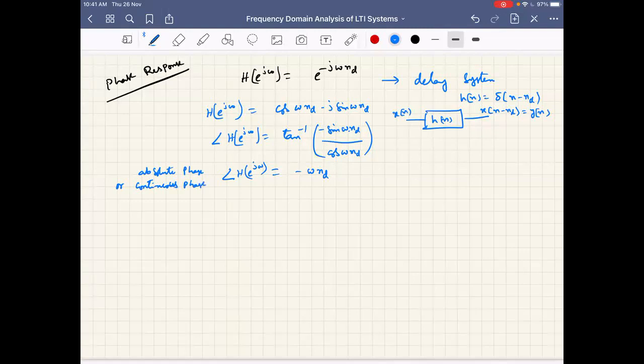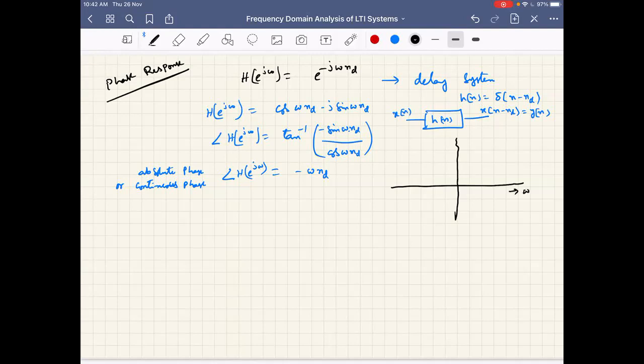If you sketch this continuous phase for this example, how does it look? It is with a negative slope, with a slope of omega nd. Here nd is a constant and omega is the axis.